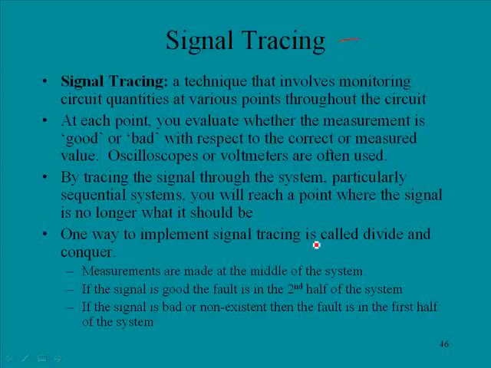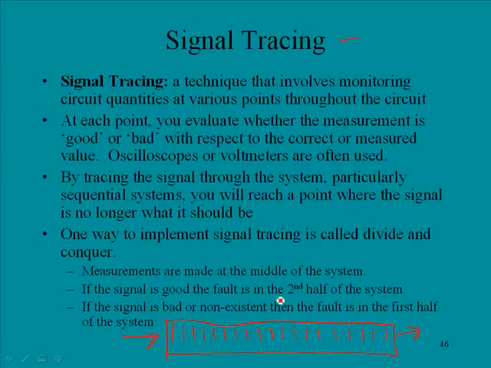One way to implement signal tracing is called divide and conquer. In this strategy, measurements are made at the middle of the system. If I can draw a very basic example, let's pretend that here we have a given system, and a signal comes in here and the signal comes out over here. Let's pretend that we have test points throughout this circuit, and we could measure every single one of these test points to determine when the system fails.